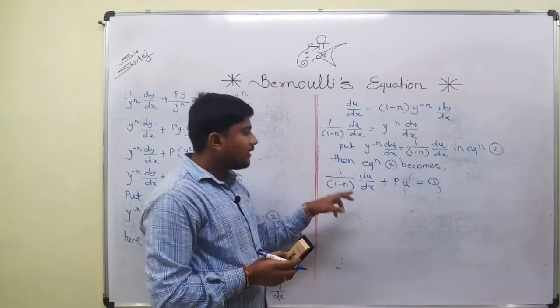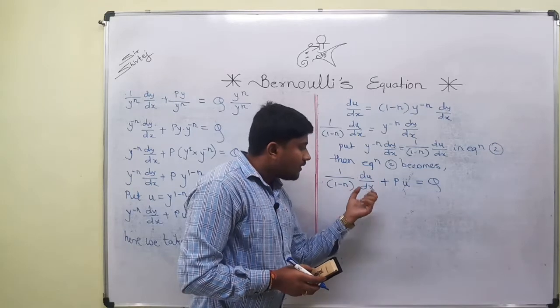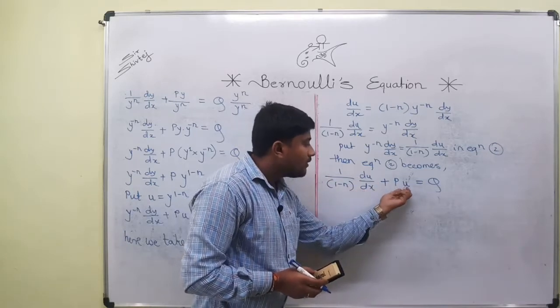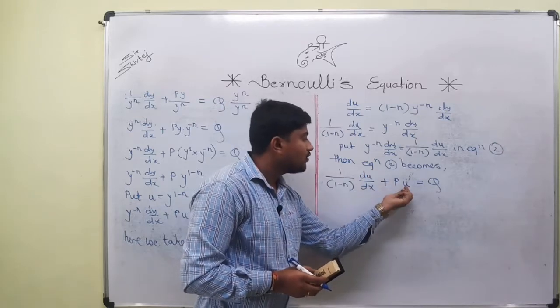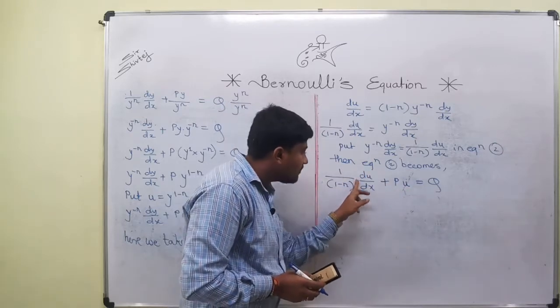Exactly here we see that the equation is almost in the variable u, which is the dependent variable, okay, but here we need the coefficient 1.